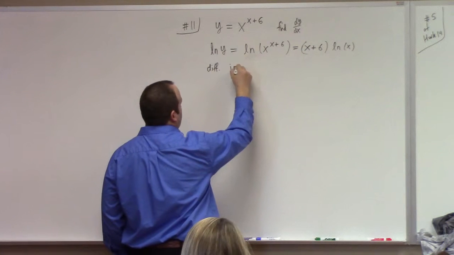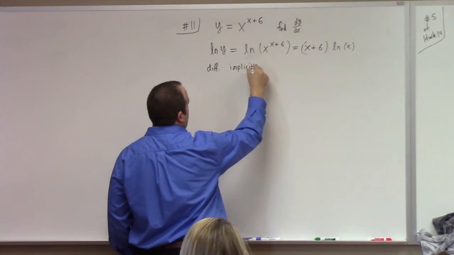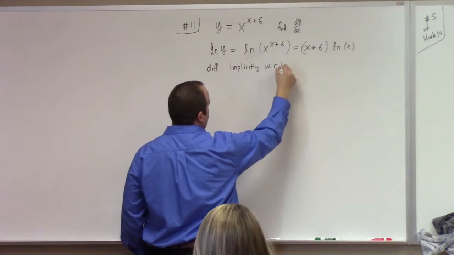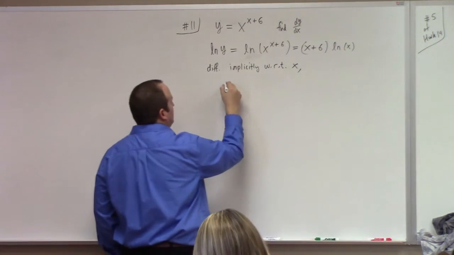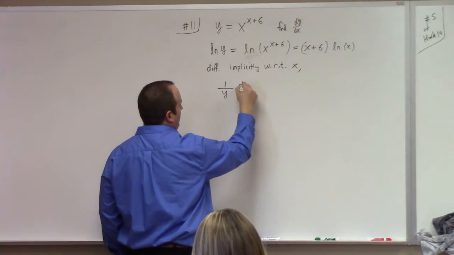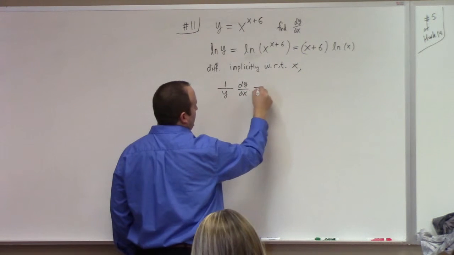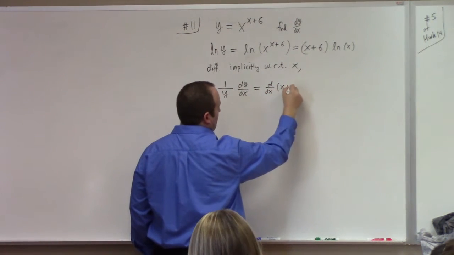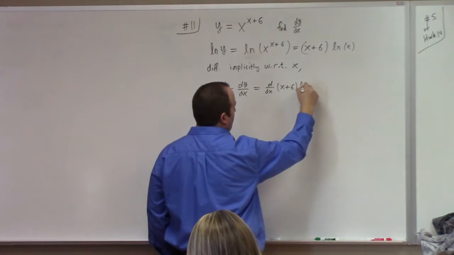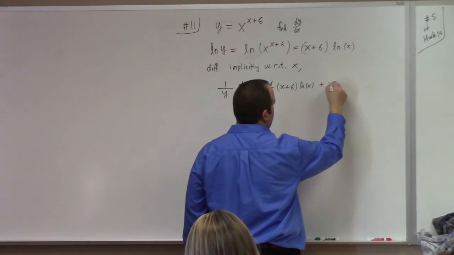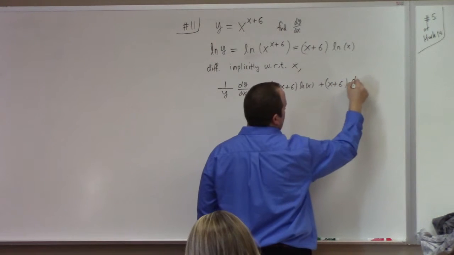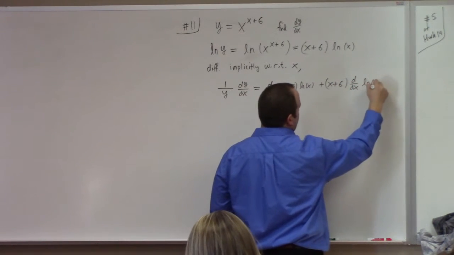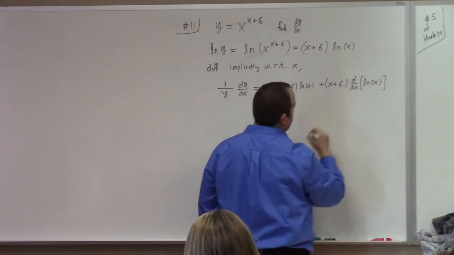Differentiate implicitly with respect to x. So we get 1 over y dy dx is equal to d dx of x plus 6 times the natural log of x plus x plus 6 times d dx of the ln of x. That's the product rule, right?